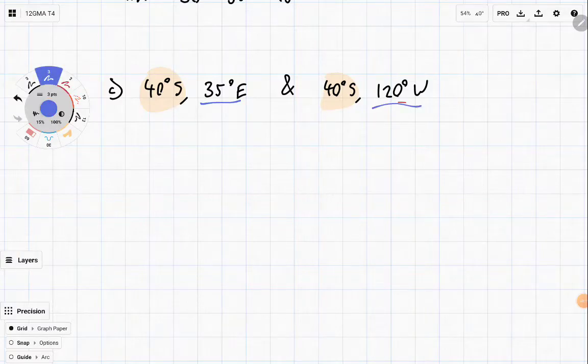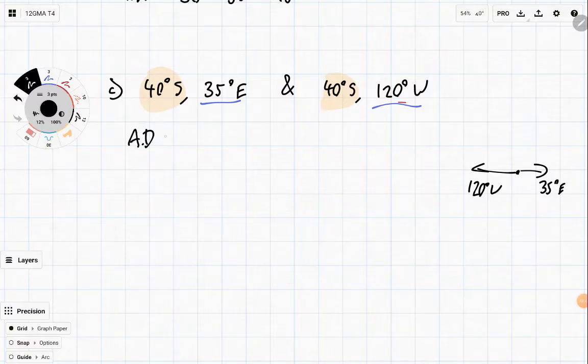So if we think of this visually, we've got one which is 35 degrees east, and the other which is 120 degrees west. So how far apart are they? Well, add those both together, and we get 155. So the angular distance is going to be 35 plus 120, which is equal to 155 degrees.